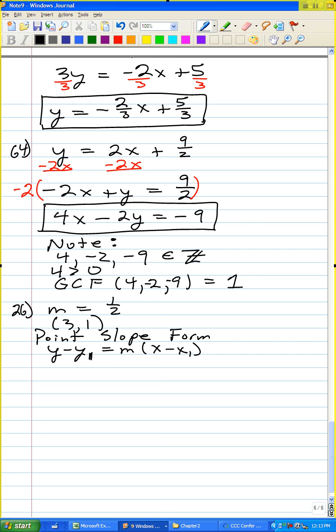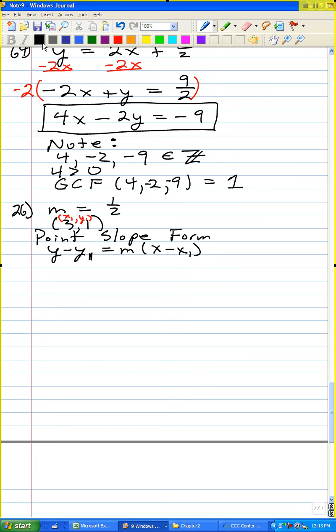In this case, this is x1, y1. And so I have here y minus 1 equals m, which is 1/2, times x minus 3. So I'd be done, except that they told me to put this into slope-intercept form. So let's multiply 1/2 inside the parentheses.